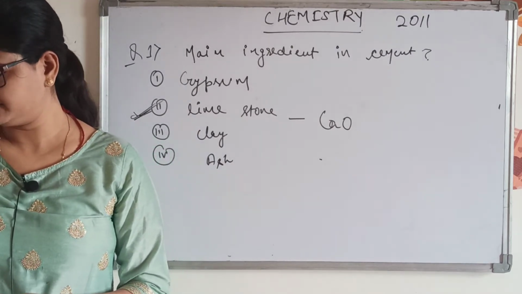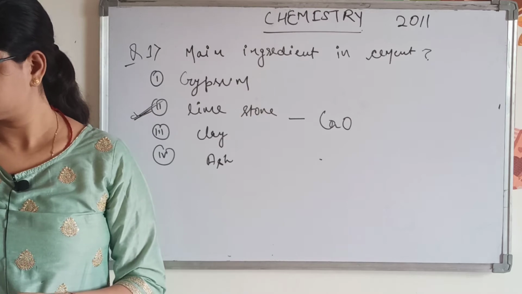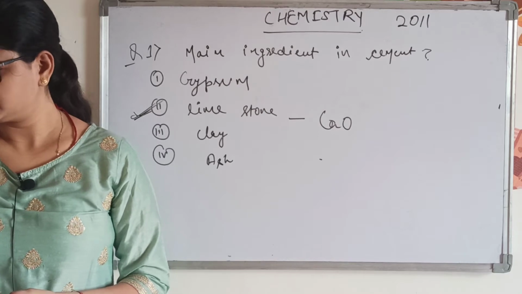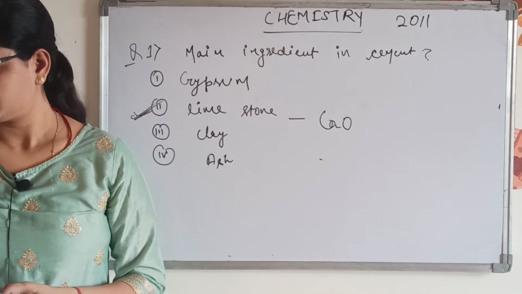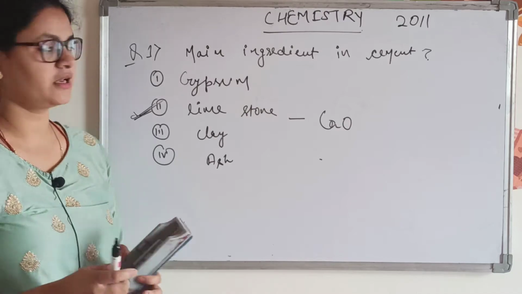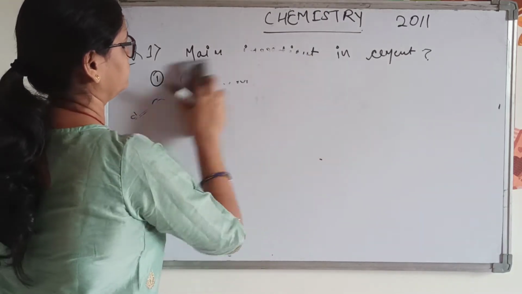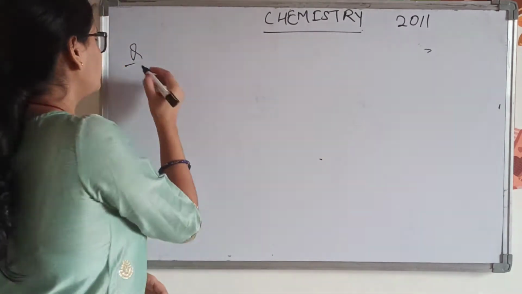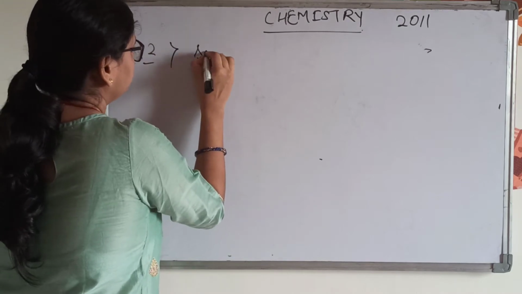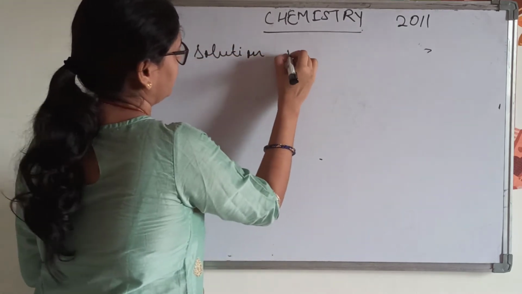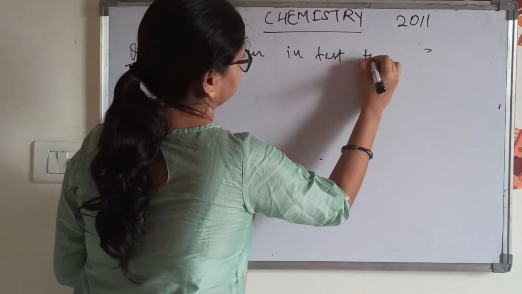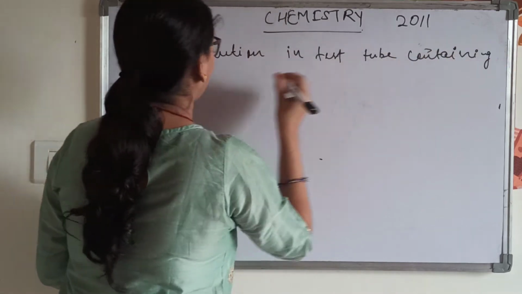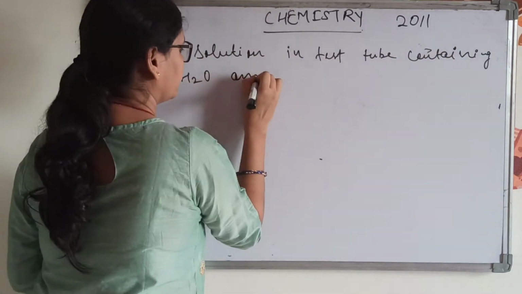Now the next question, question number 2: a solution in a test tube containing H2O and NaOH.